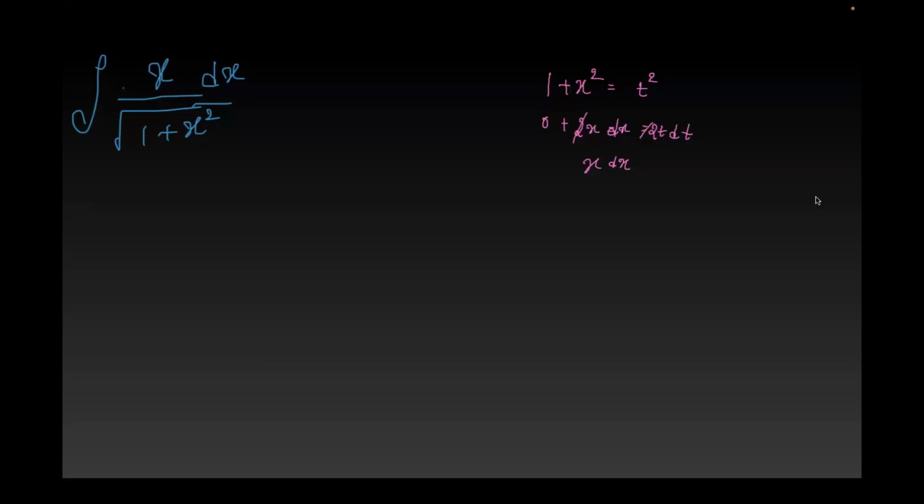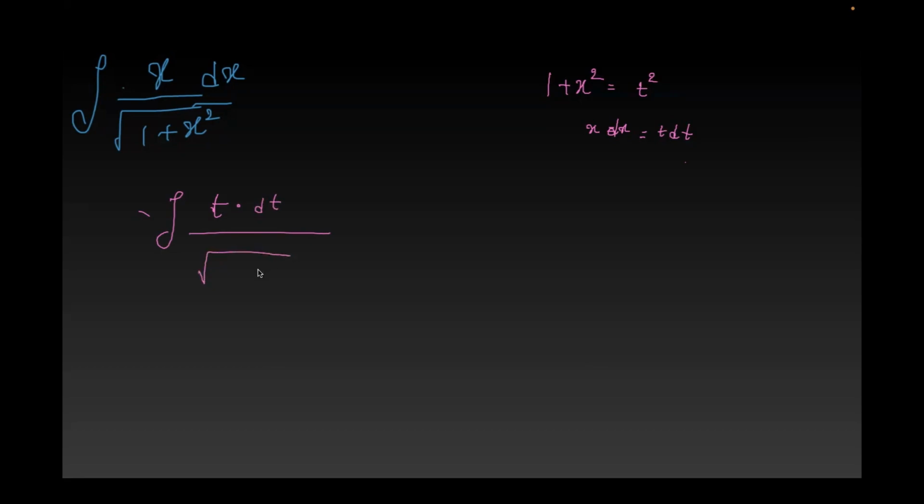So basically, x dx is t dt. x dx is what? t dt. So what do I do? x dx, I'll take it as t dt, whole divided by root of 1 plus x square.